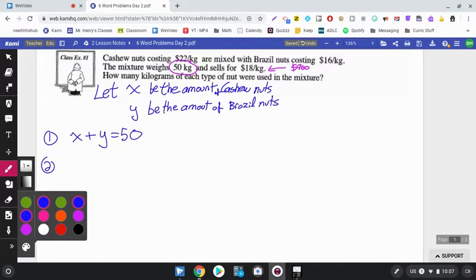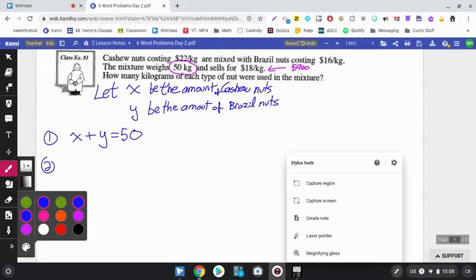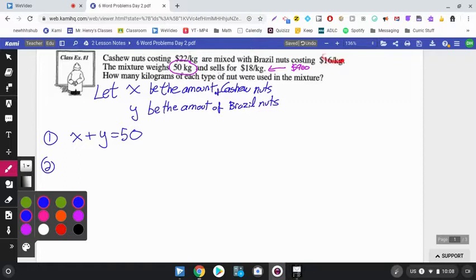Then I look at the money. The nice thing is, I actually have prices individually, and then I just need to figure out how that prices out altogether. So how I break that up is I say, well, $22 for every kilogram of cashew plus $16 for every kilogram of Brazil nut has to equal that combination.